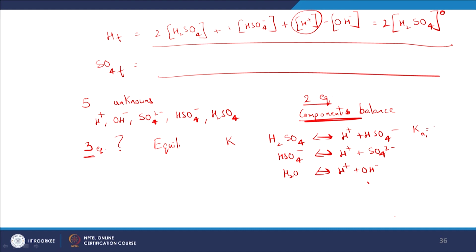And what is this equilibrium coefficient equal to? Activity of H plus into activity of HSO4 minus by activity of H2SO4, and Ka2 will be equal to activity of H plus, activity of SO4 2 minus by activity of HSO4 minus.